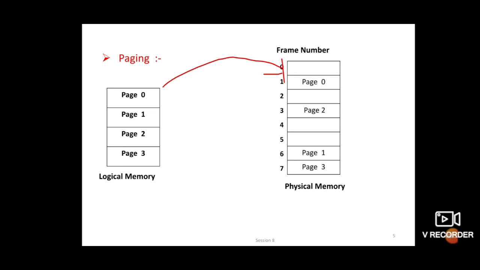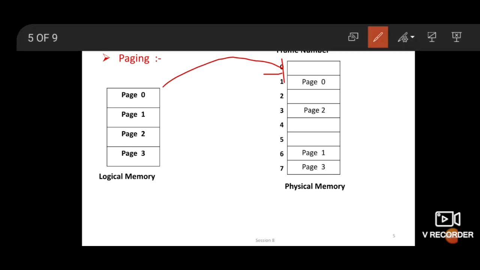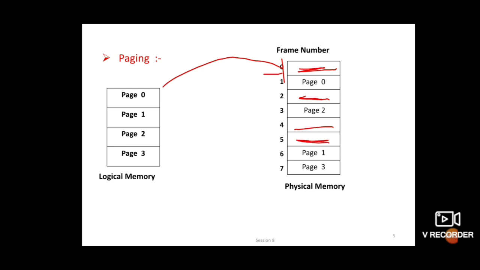Now see here, page 0 is loaded into frame number 1, because the other frames are, suppose, filled, meaning they are accommodated by other processes. The remaining frames are free or available. So page 0 is loaded into the first frame number, page 1 is loaded into frame number 6, and page 2 is loaded into frame number 3.